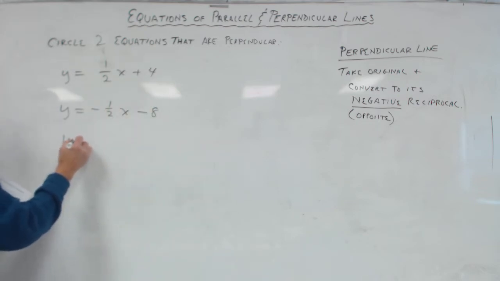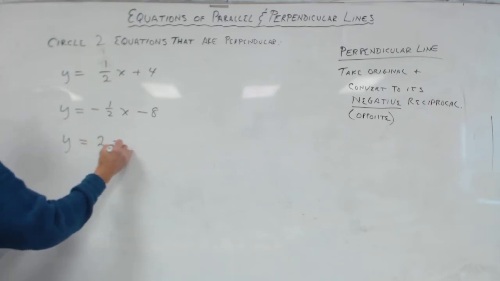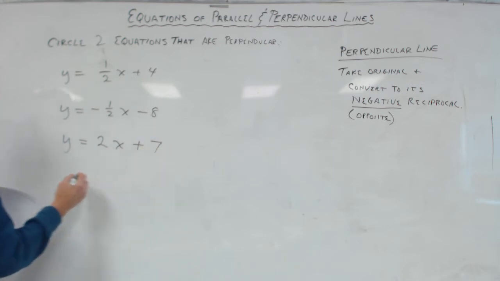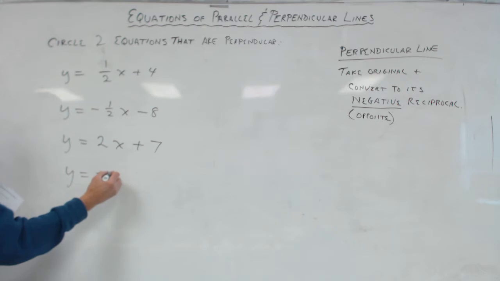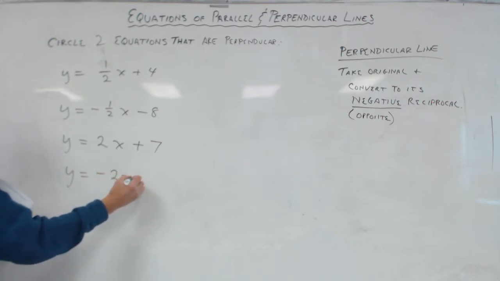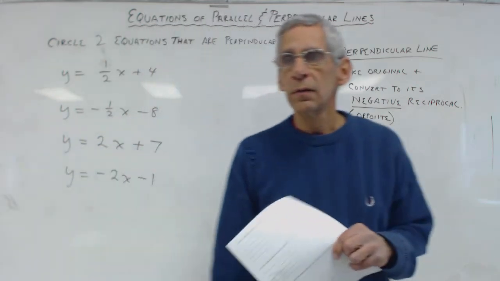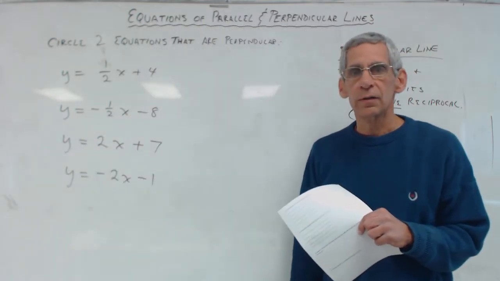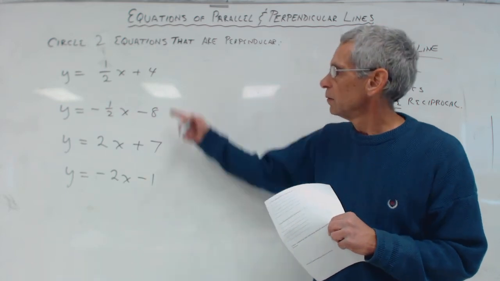Y equals 2x plus 7, or y is equal to negative 2x minus 1. All right. Are there any that are perpendicular to each other? Yes. The top two, I'm pretty sure.